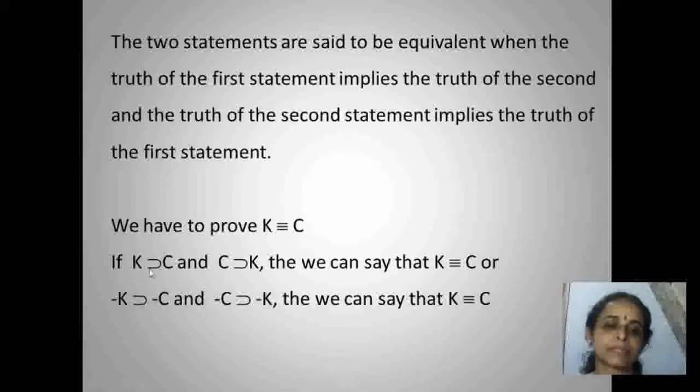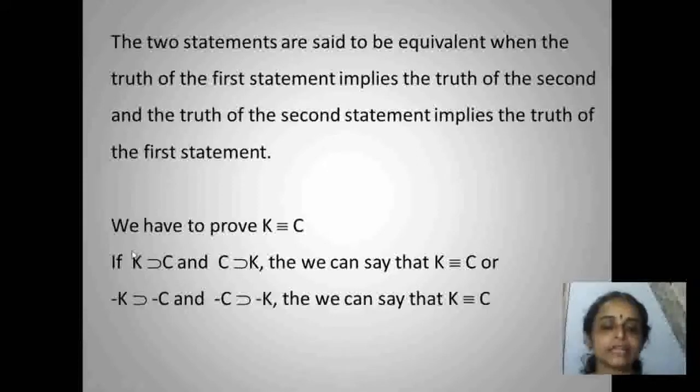This one means K implies C. Here it means the equivalency of K and C, or K is equivalent to C. So we have to prove K is equivalent to C. When can we say K is equivalent to C? If K implies C and C implies K.